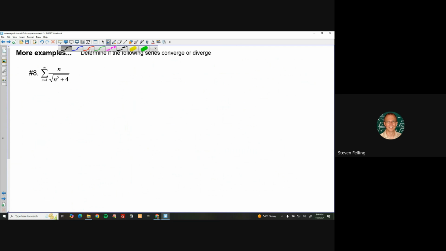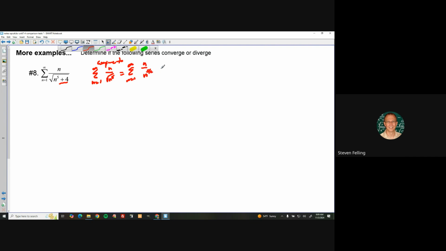Okay, number 8. Let's do a comparison here. What will we compare to for this? Again, I'm going to try to imagine just dropping this plus 4. So let's compare to the series n equals 1 to infinity of n over the square root of n to the 5th, which would be the same as n over n to the 5 halves.